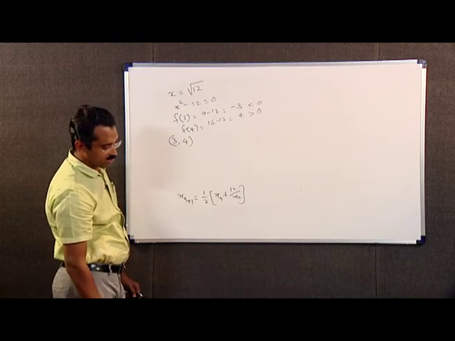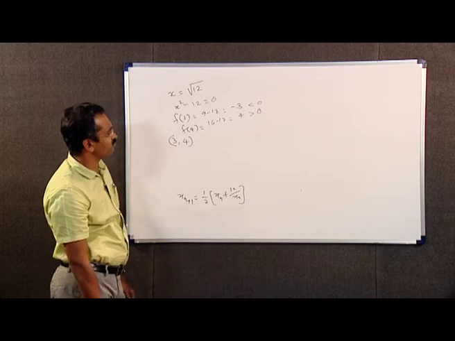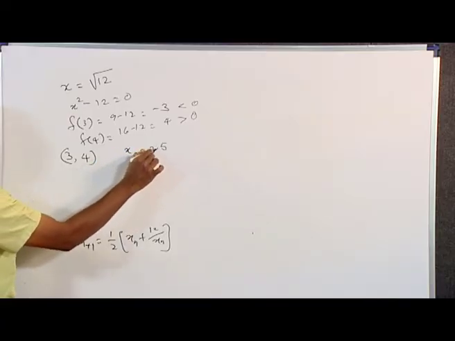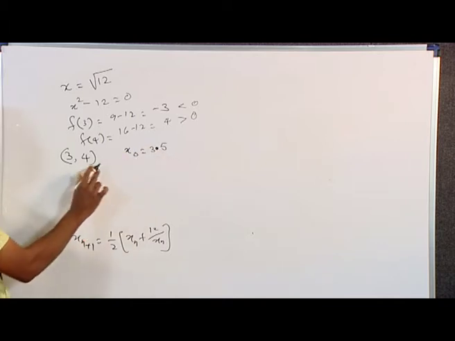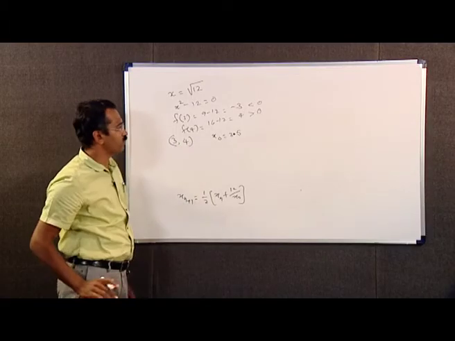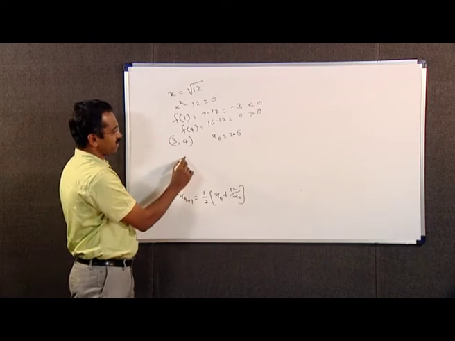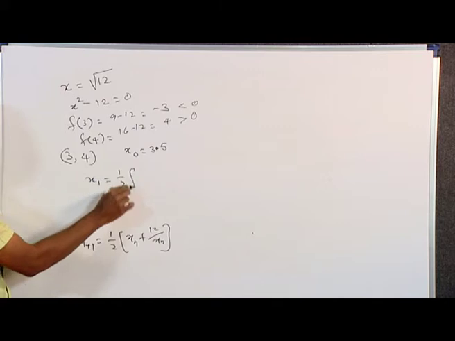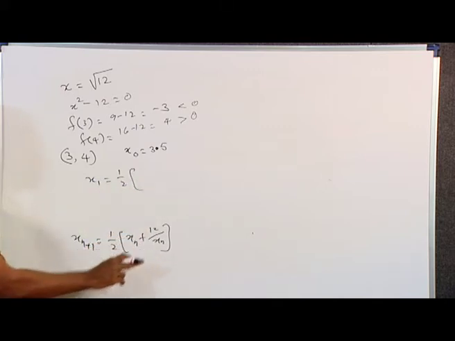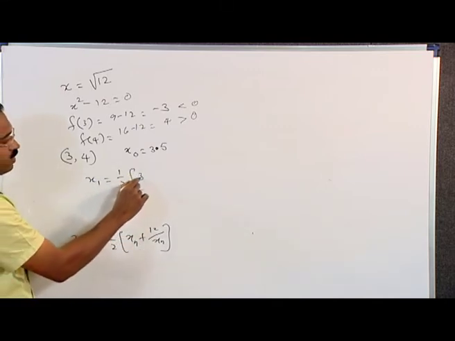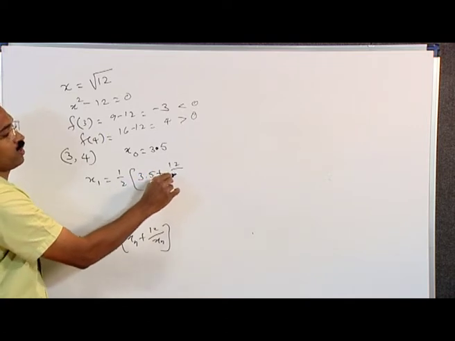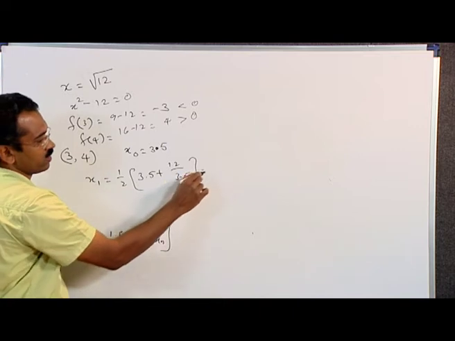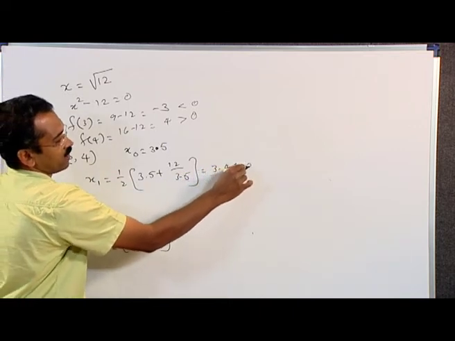We take x naught equal to 3.5, a number in between 3 and 4. Therefore, we will get x1 is equal to 1 by 2 into x naught plus 12 by x naught, that is 3.5 plus 12 by 3.5, which is equal to 3.4643.